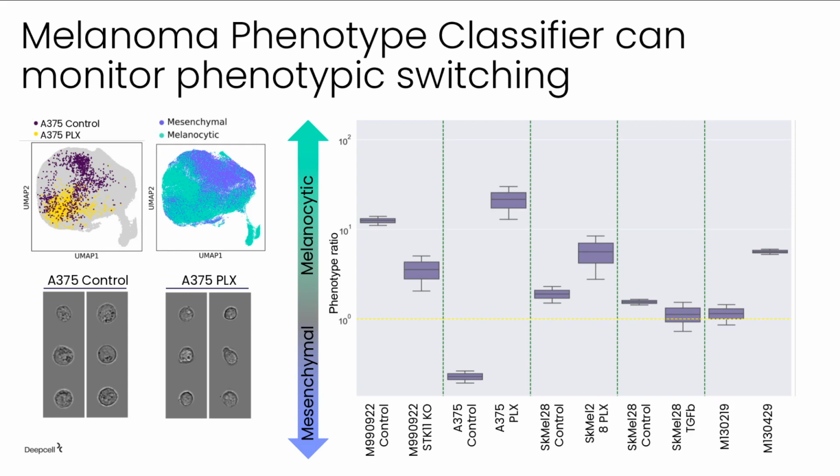You can see the corresponding images for the control as well as for the vemurafenib treated melanoma cells. We can also quantify these results. Here you see again that we have this shift from a mesenchymal phenotype to a more melanocytic phenotype upon treatment, which we confirmed by RNA sequencing.